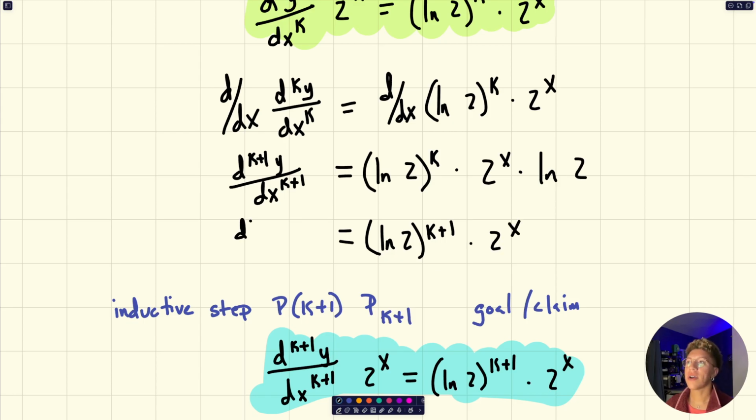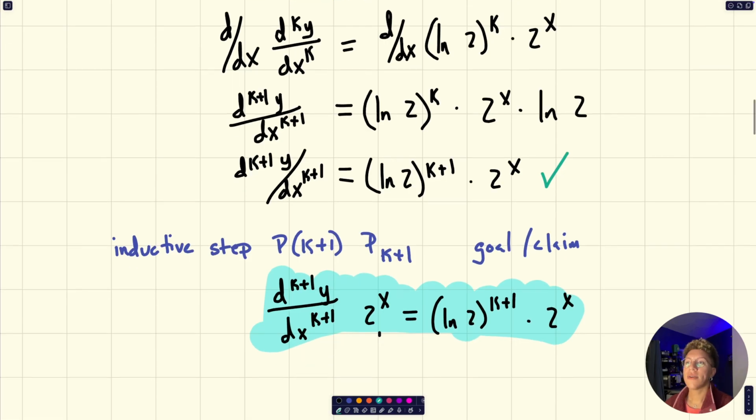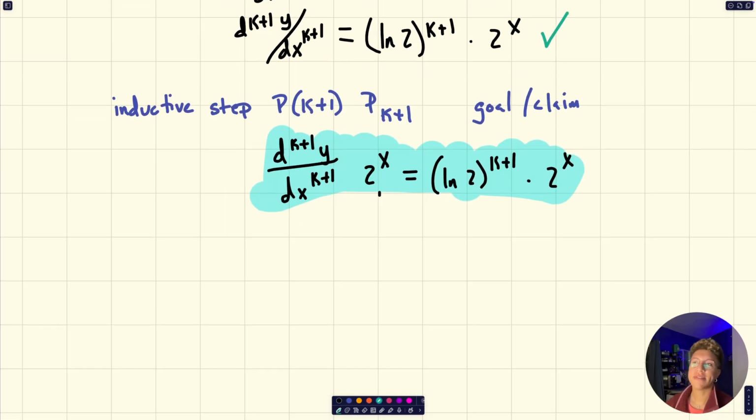And so our k plus 1th derivative of 2 to the x is indeed ln2 to the k plus 1 times 2 to the x. And so we have our proof. Like that. So our assumption turned into our goal using algebra and by taking the derivative, both of which are rigorous. So with that being said, we can write our statement as we've seen before.